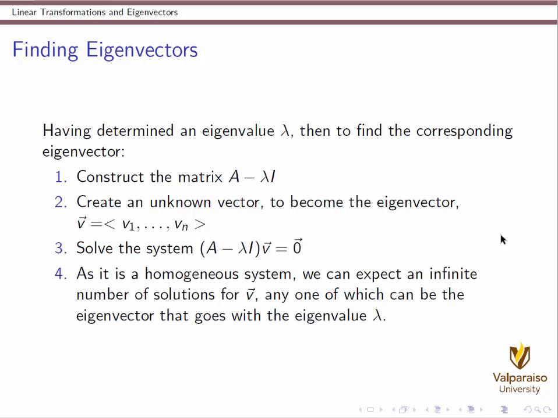Well, this system is a homogeneous system of equations, so we know we're either going to get the trivial solution of just 0, or we're going to get an infinite number of solutions for the unknowns, which are v1 through vn, the components of v. Well, if we have an infinite number of solutions to pick from, we pick one, and that will become the eigenvector that goes with the eigenvalue lambda.